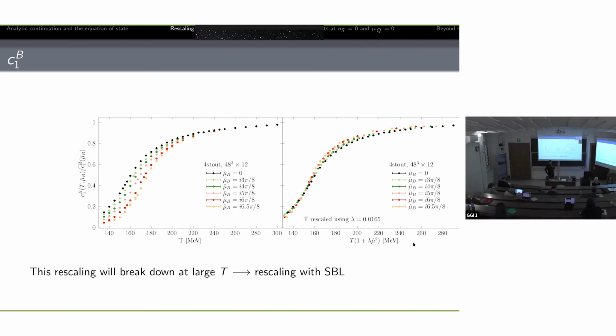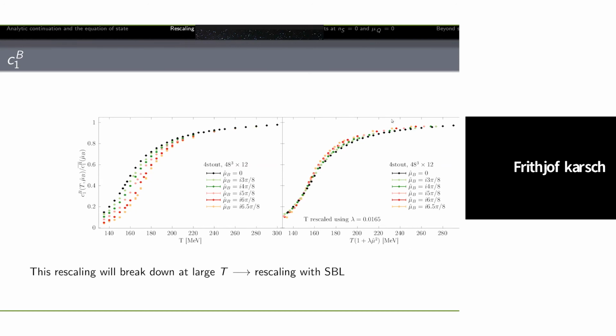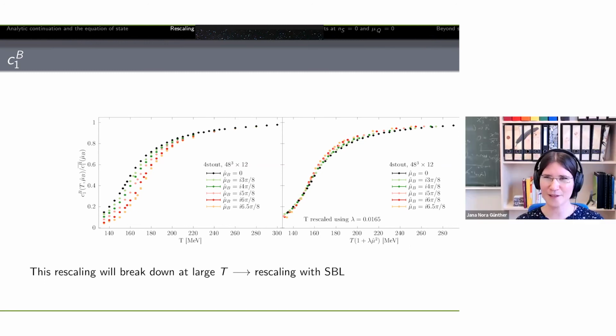Right. Okay. Fridtjof? Yeah, maybe a little bit along this line. I also recognize that you now talk about rescaling rather than resummation, which was a word used in earlier days. Is it correct that all your analytic continuation is based on a 6th-order polynomial? No, it's not.